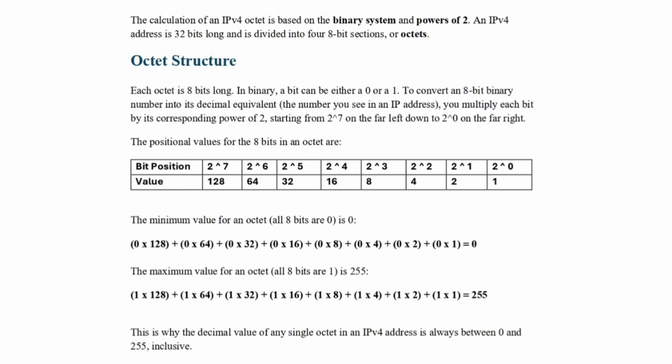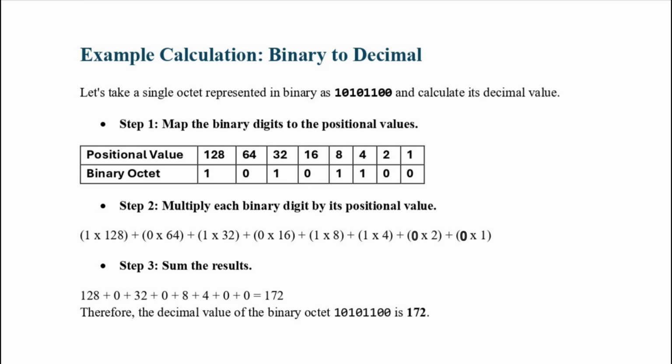For the maximum, it would be 1 times 128 plus 1 times 64, and so on until 1 times 1, which all added and multiplied equals 255. So that was about the octet structure.